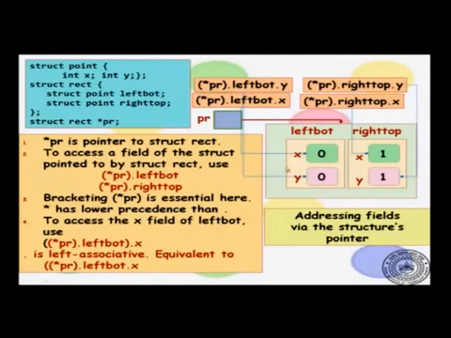So, it will come to the left bot field of rectangle and pick its subfield y. So, star PR dot left bot dot y would refer to this location in the memory. Similarly, star PR dot right top dot y would be this location in the memory, and so on. So, you can address the subfields of the fields of a structure using a pointer.